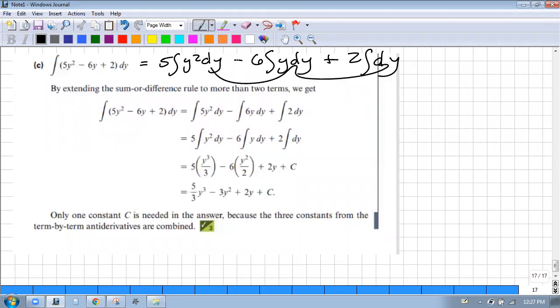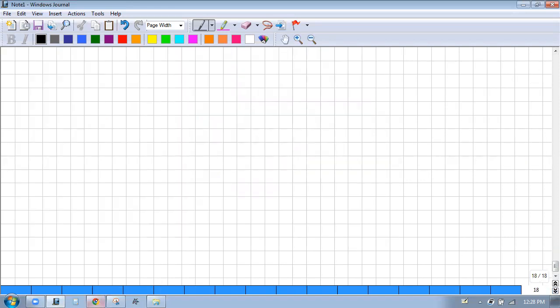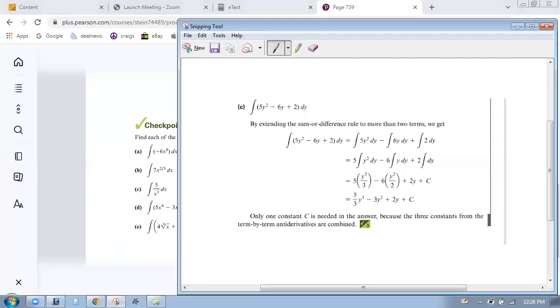So there's a dy for each one of these. All right. So for this one, I would have a 5. The integral of y squared is y cubed over 3. And I have a minus 6. The integral of y would be y squared over 2. And I have a 2, and the integral of dy is just y. I add plus a constant. Same thing over and over and over again. So you can do it reflexively.